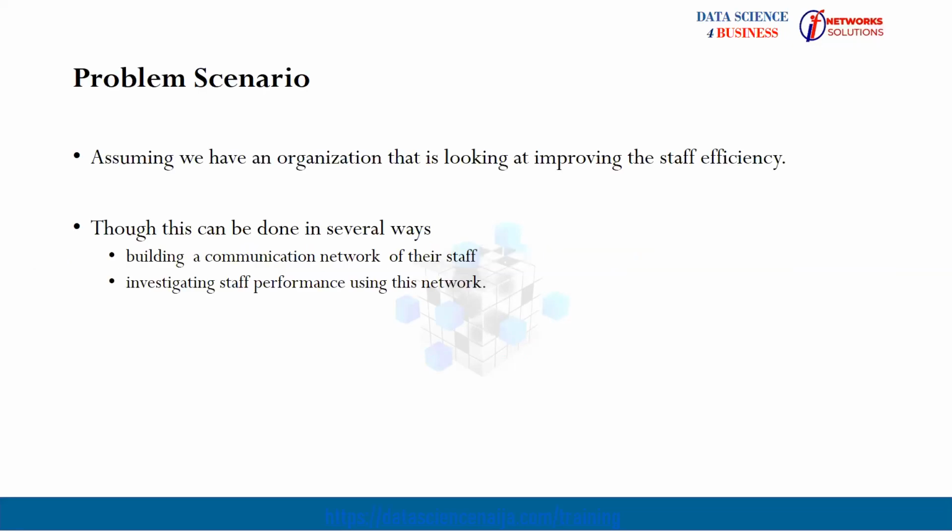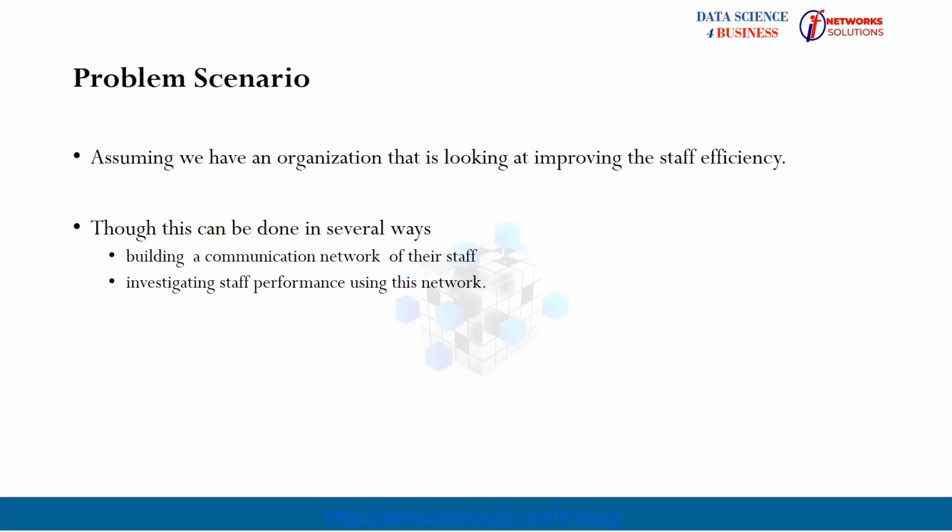Let's look at a problem scenario to make it easier for us to describe a network. Assuming we have an organization that is looking at improving staff efficiency, for example, and that organization is able to capture communication data for their staff.